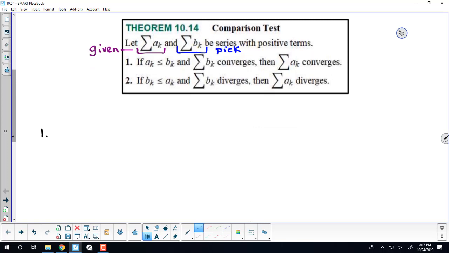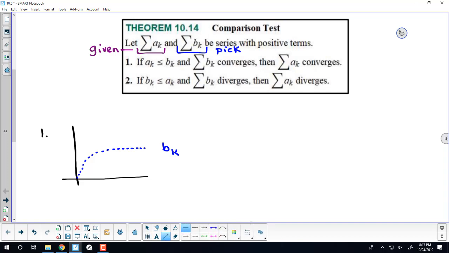So then, I guess visually what that's saying is we have this series that we're choosing, whatever, it's B sub k, and it converges. So that series is converging. We're comparing that to the series that's given to us as A, but what we know is that A is less than B. So I'm going to draw a line here.